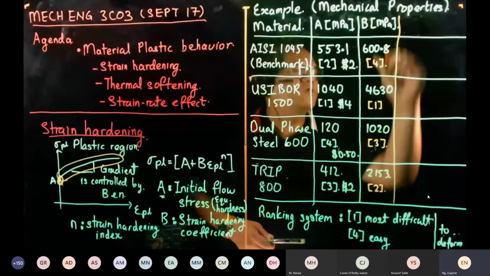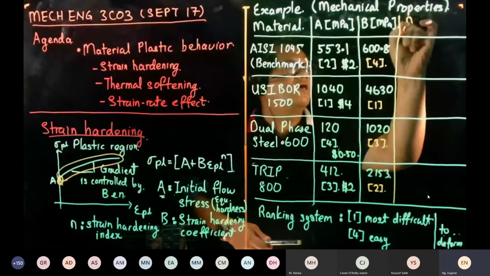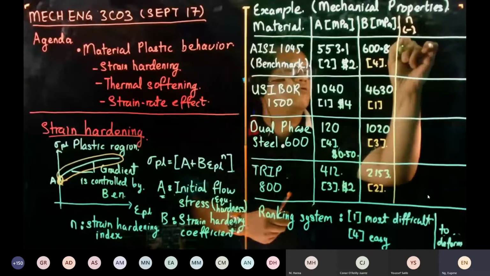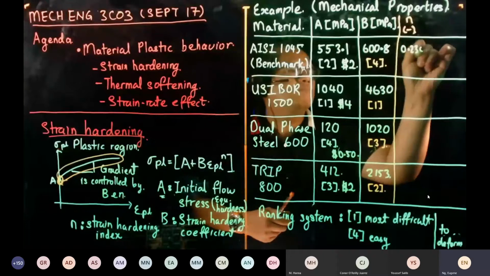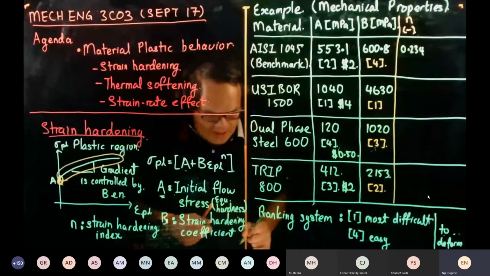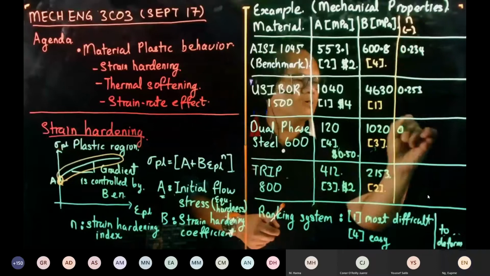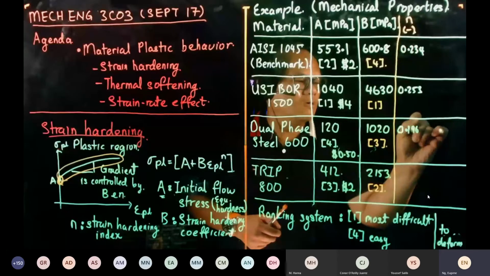And then the next one is our N. N over here is unitless. There's no unit for N. So this is 0.234, and then you have 0.253, and then 0.196, and then you have 0.66.